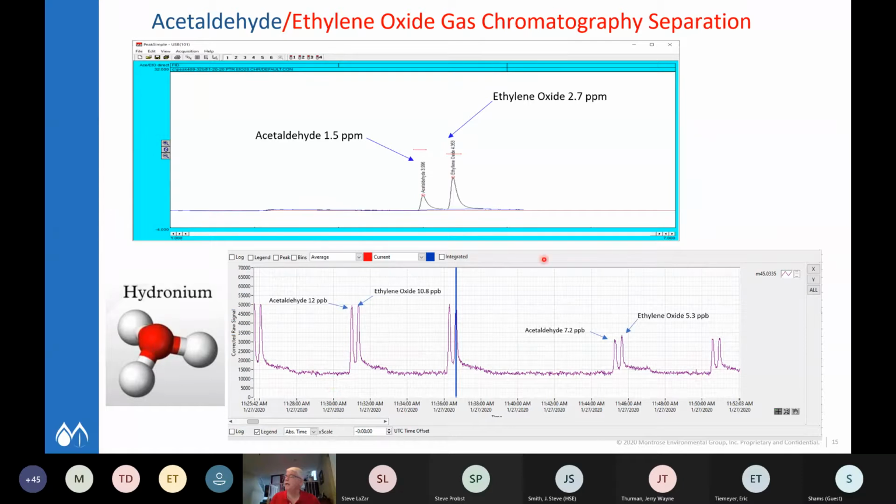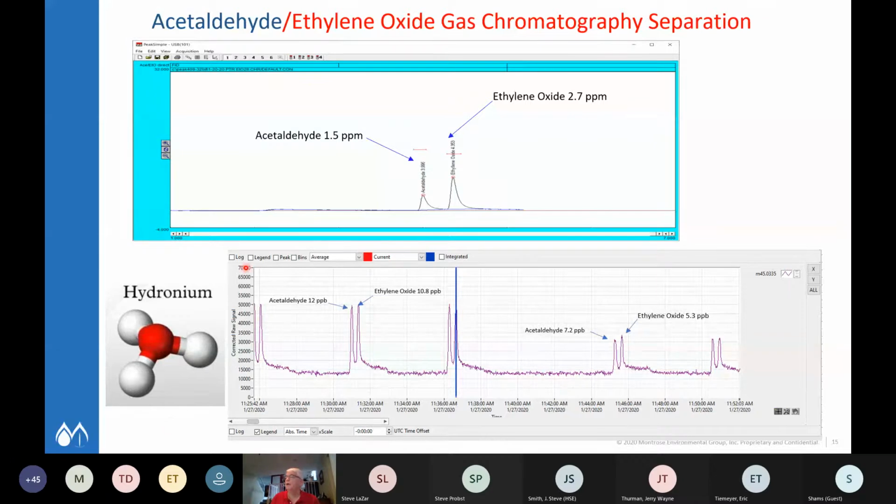Your first peak comes out, it's acetaldehyde, comes back down, then another peak comes up, it's ethylene oxide, and you're back down to baseline. You can keep doing this over and over with different concentrations, and basically you can generate a calibration curve by knowing what concentrations you are and taking the separate areas underneath. Take that out in the field and calibrate under those systems, and you're good to go in a stack testing mode.